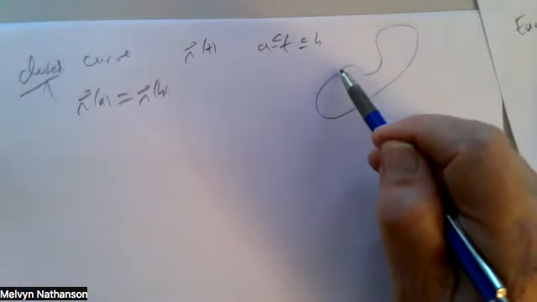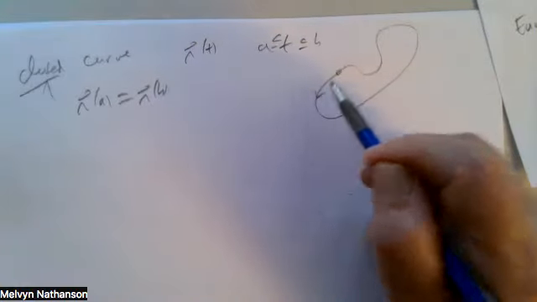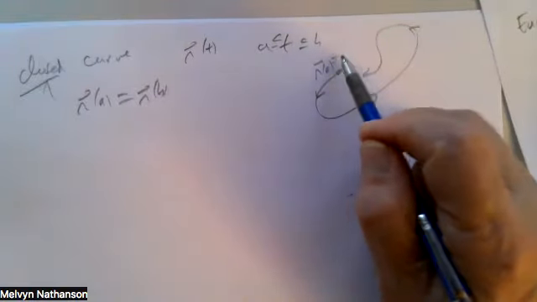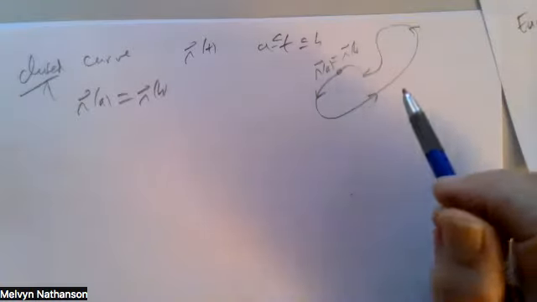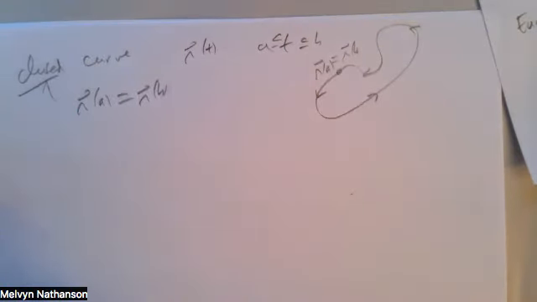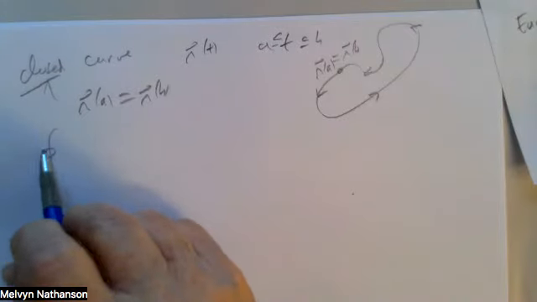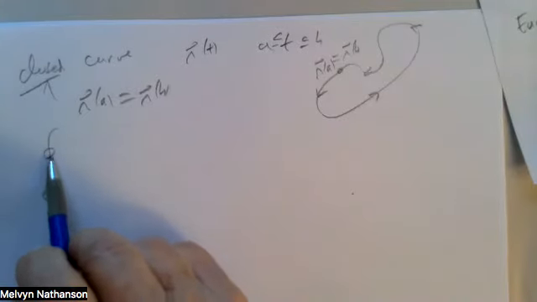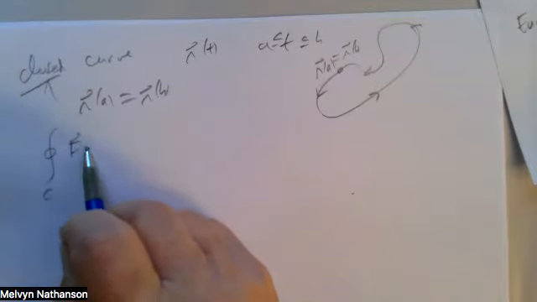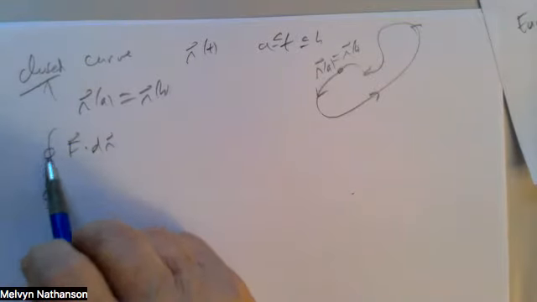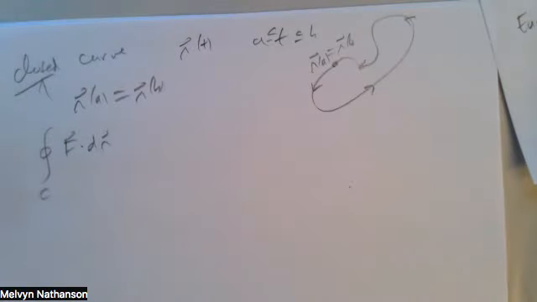So this is a closed curve. This is r at A. You move along the curve, and you end up back exactly where you started. That's a closed curve. And we denote the line integral around a closed curve by putting this little circle in the integral sign. This means you're going around a kind of loop.